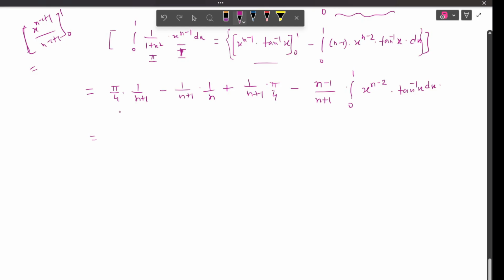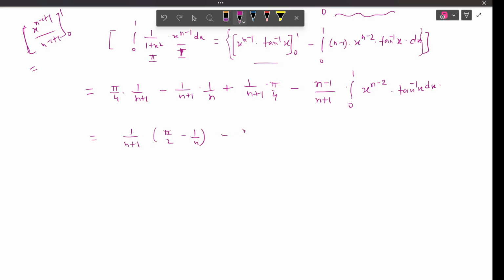right? So if you take 1 by n plus 1 common, you will have pi by 2 minus 1 by n minus n minus 1 by n plus 1 into, this is your u of n minus 2. So ultimately we got n plus 1.